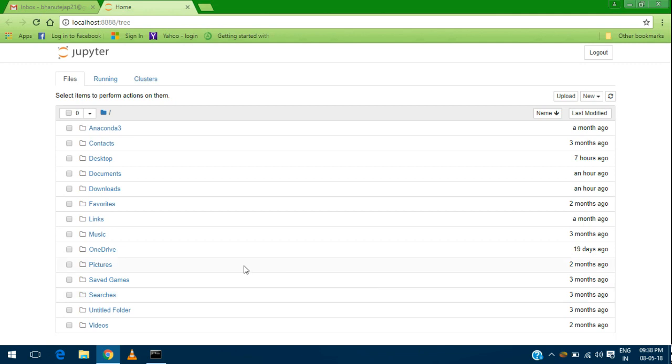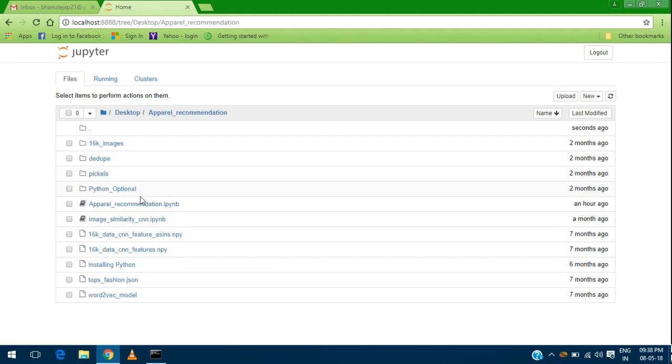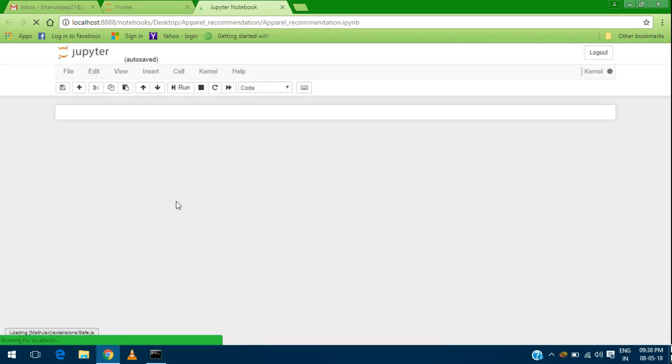So this is the Jupyter console where we will be having our IPython notebook files where we have implemented our project. This is the IPython notebook on which we have tried different modules of the project. It will take some time to load because there's a lot of data on it.